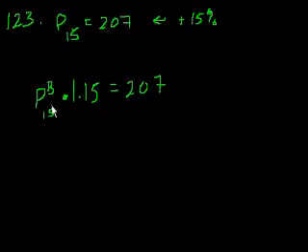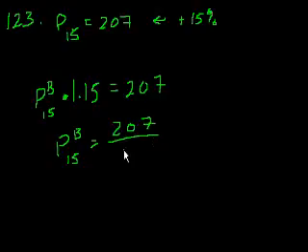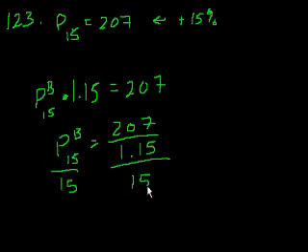And we want to figure out the price before gratuity of the 15 people, which is equal to 207 divided by 1.15. And we want to figure out the average price per person, so we want to figure out that divided by 15.